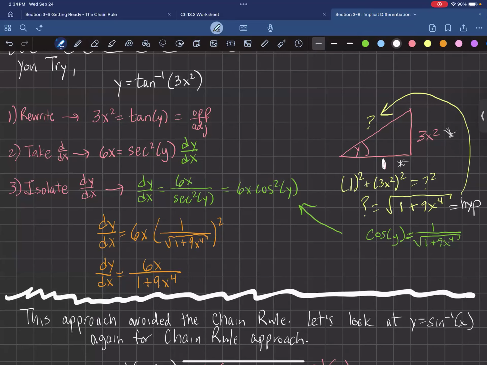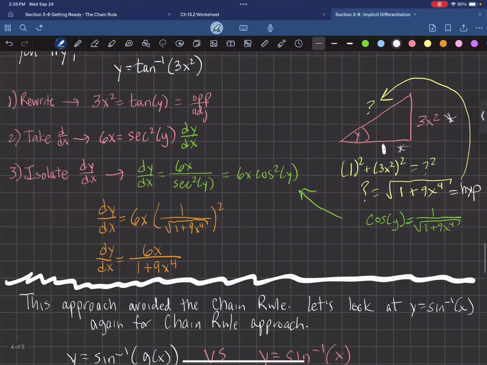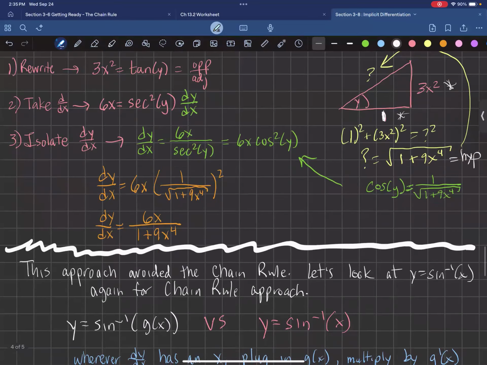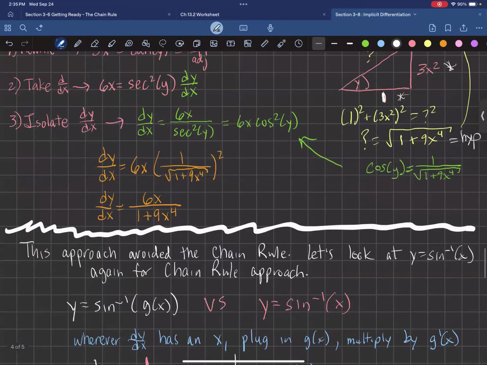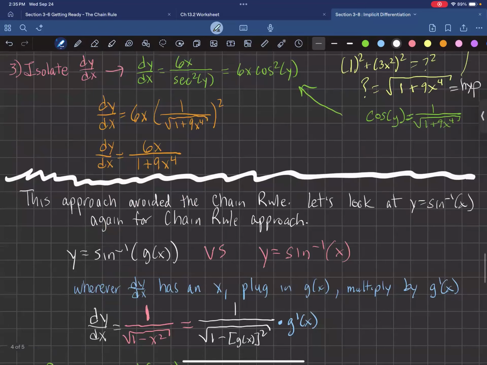So how do you do it when there's a chain rule applied? Let's go back to y equals sine inverse x, and then we'll look at the y equals tangent inverse we did again here. We're going to compare y equals sine inverse x to y equals sine inverse g of x.